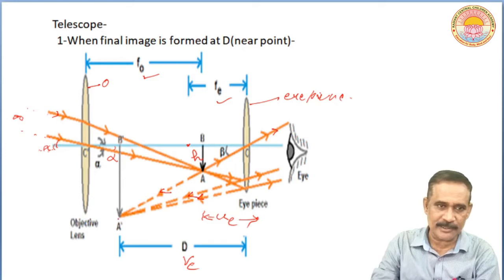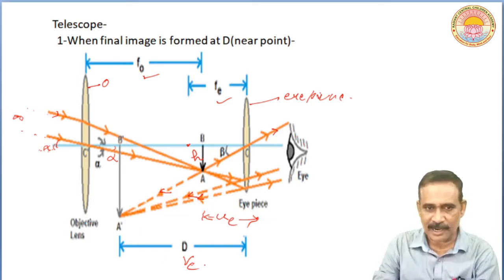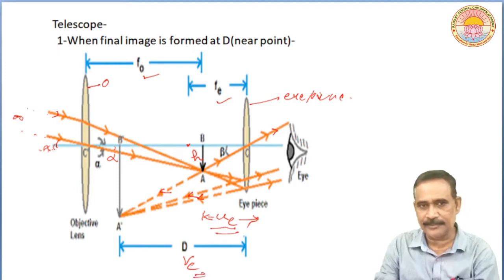This is the image A'B', the final image of this distant object, and it forms at D, that is at V. And this object AB is at a distance from the optical center of the eyepiece, denoted by UE, and the image forms at D, or VE, we can write.